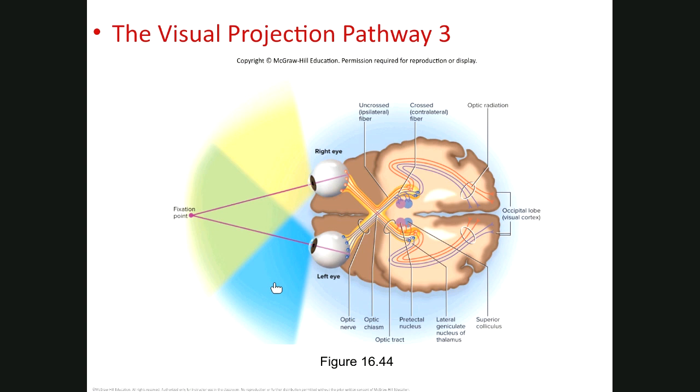What cranial nerve fulfills the sense of smell? One, two, or three? Cranial nerve number one, olfactory. Okay. Which receptor is for taste, filiform or circumvallate? It is circumvallate.